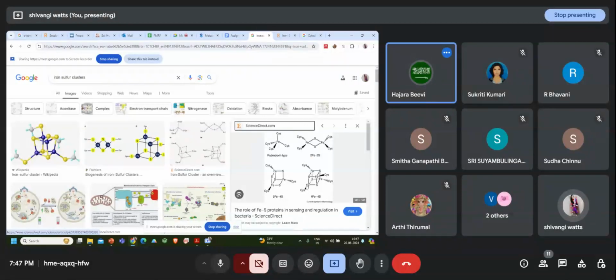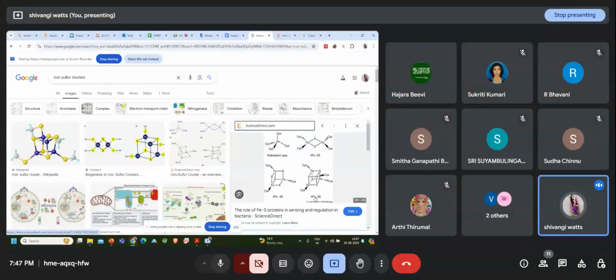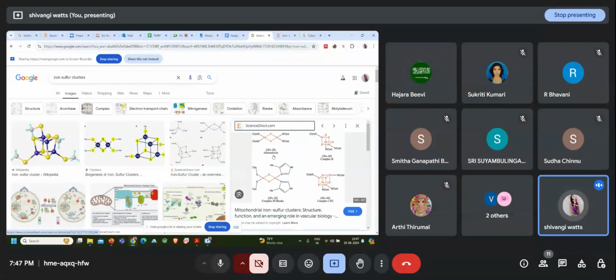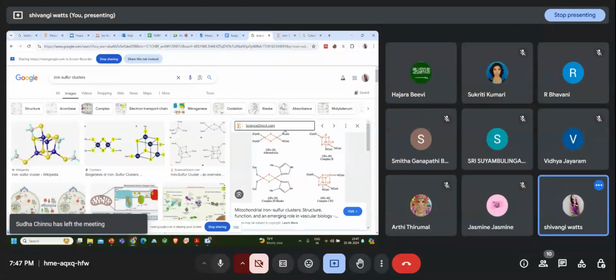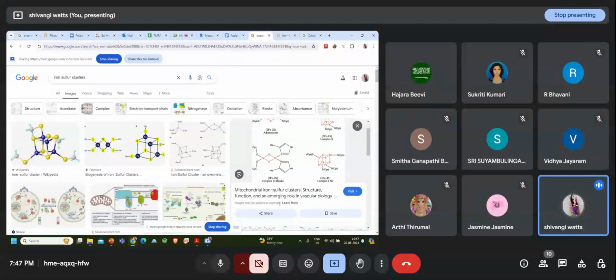And one more thing is that there is one more name for the second one. Here, if you see, that is adrenodoxin. And in adrenodoxin, if we replace these two with histidines, we will call it Rieske protein. Understood? From here, you can remember, okay?